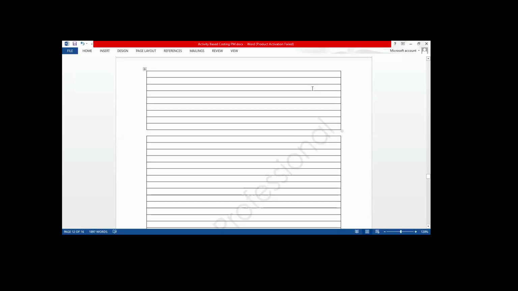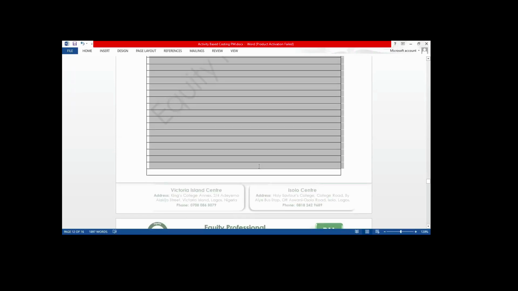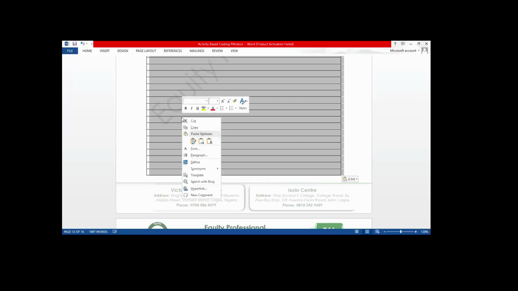These activities are used to account for overhead. These activities are called the cost driver. The cost drivers are the factors that have given rise to overhead.